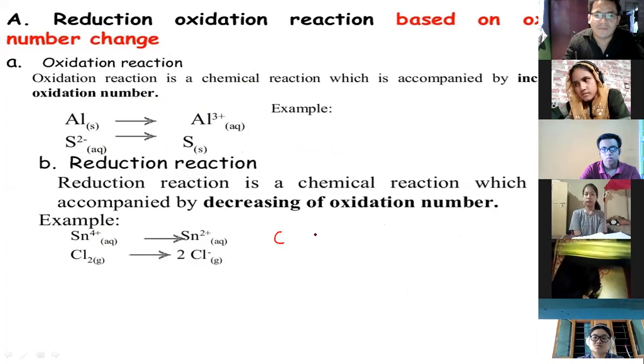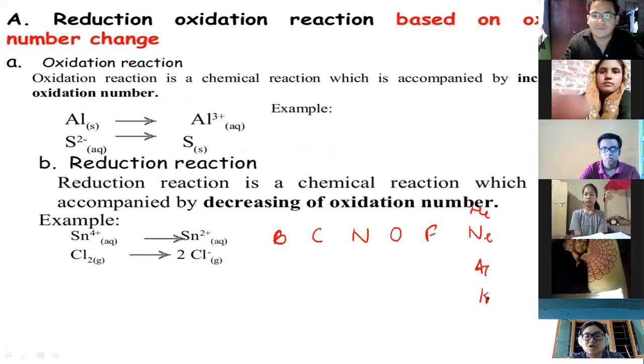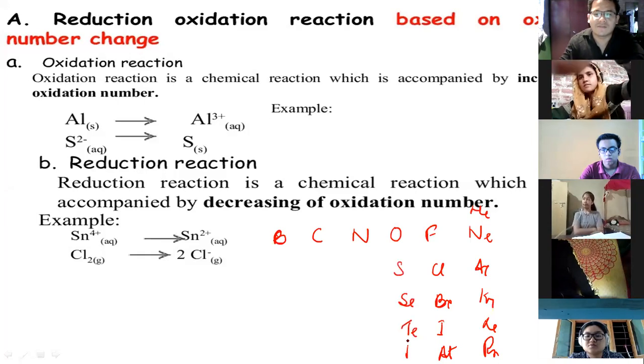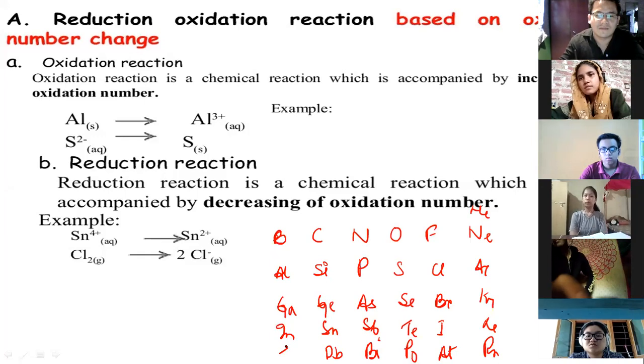Boron, carbon, nitrogen, oxygen, fluorine, neon; helium, neon, argon, krypton, xenon, radon; fluorine, chlorine, bromine, iodine, astatine; sulfur, selenium, tellurium, polonium; phosphorus, arsenic, antimony, bismuth; silicon, germanium, tin, lead; boron, gallium, indium, thallium.